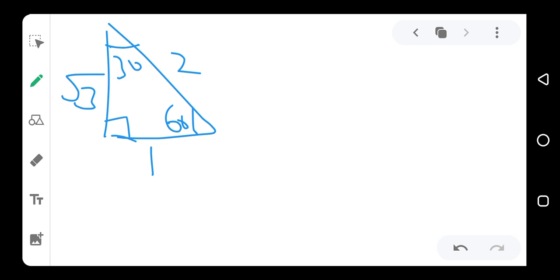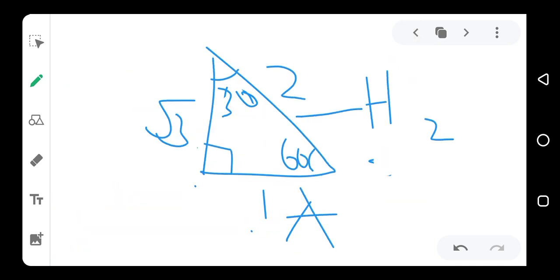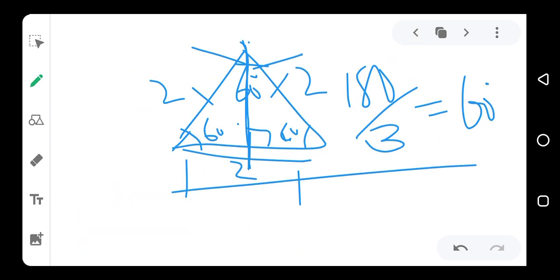Even if you don't know that this place is 90, after dividing it, you should ask yourself, if this one is 30 and this one is 60, the total angle in a triangle is 180.